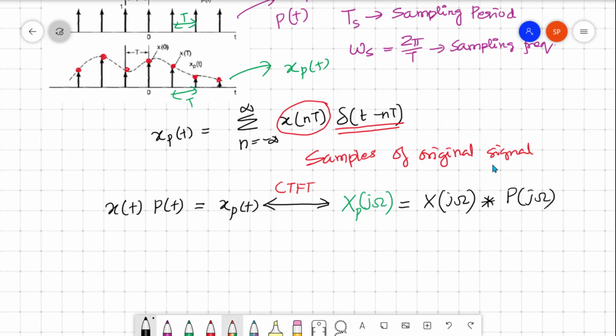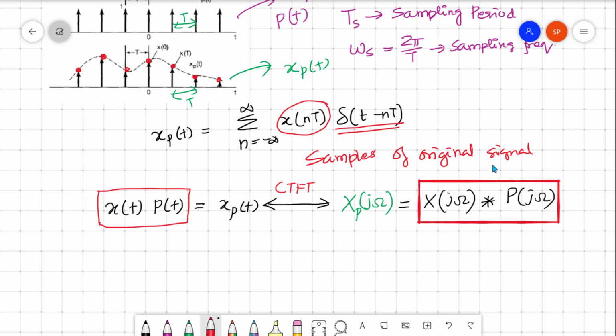Why is this true? Because we have already learned that multiplication in the time domain is equal to convolution in the frequency domain, and vice versa. So this is the result we are obtaining.